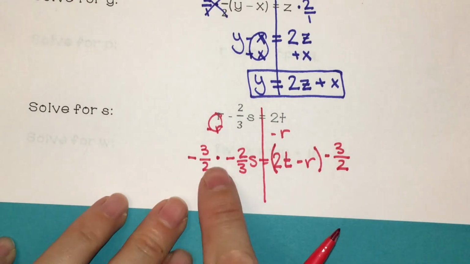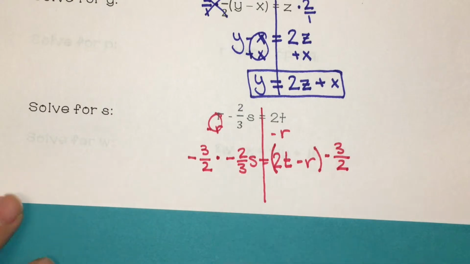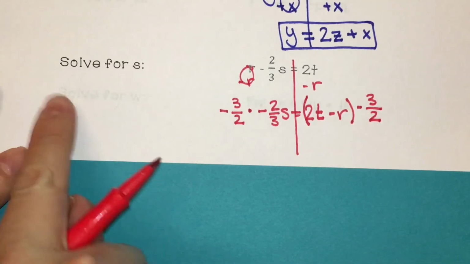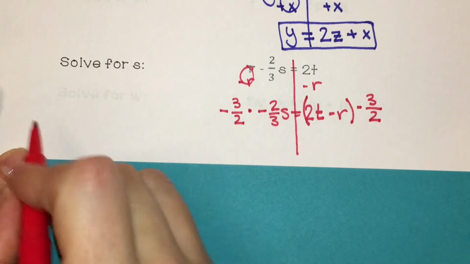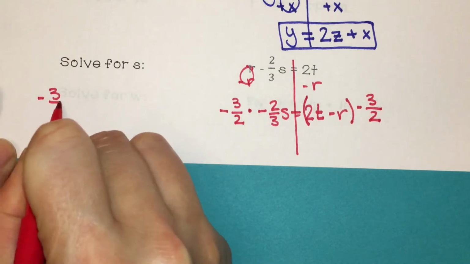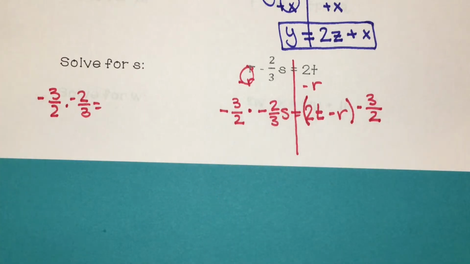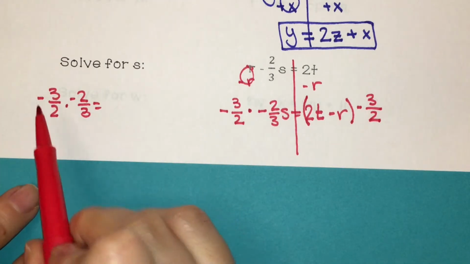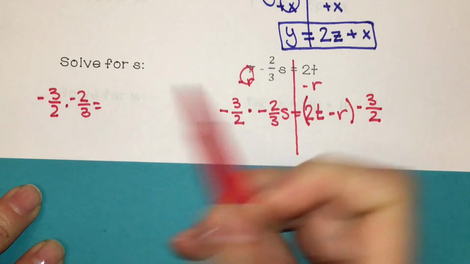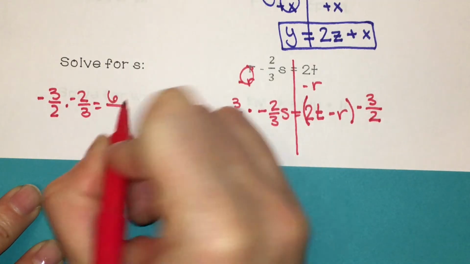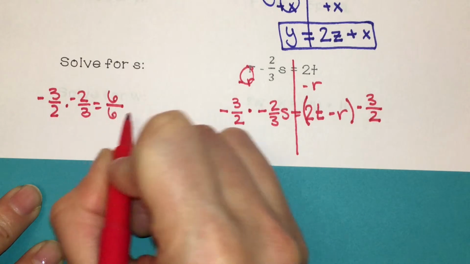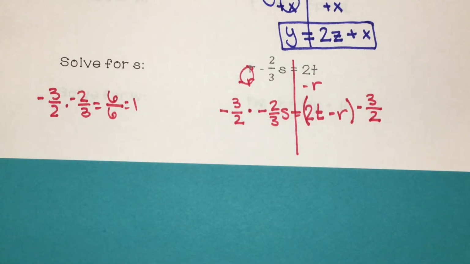Okay, so negative 3/2 times negative 2/3 equals 1. I'm going to just show you over here so you can see how they cancel each other out. So we have negative 3/2 times negative 2/3. Remember when you have fractions and you're multiplying, you just multiply straight across the top, straight across the bottom. So negative 3 times negative 2 is positive 6, over 2 times 3 is 6, and 6 over 6 equals 1.